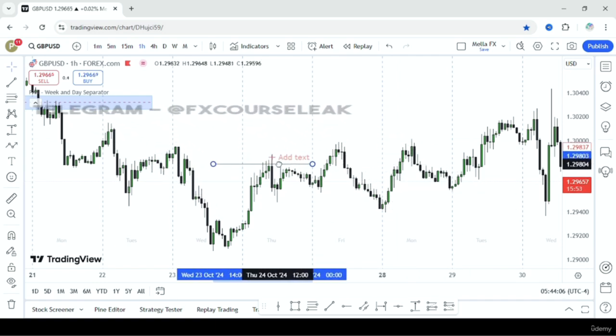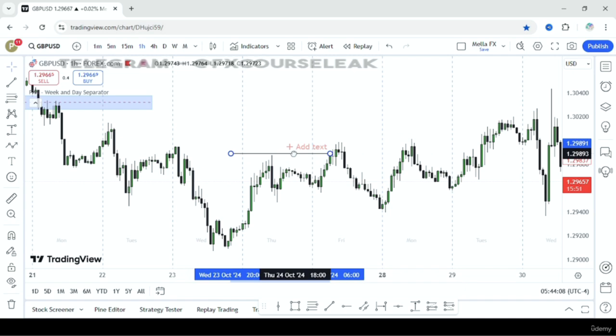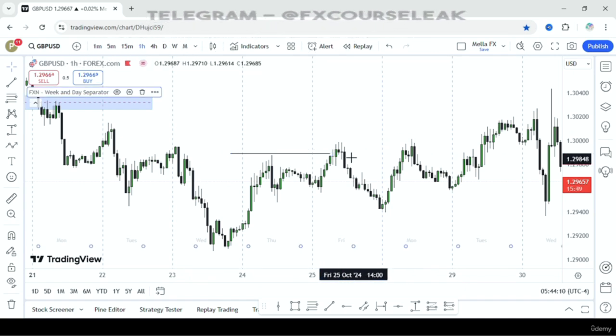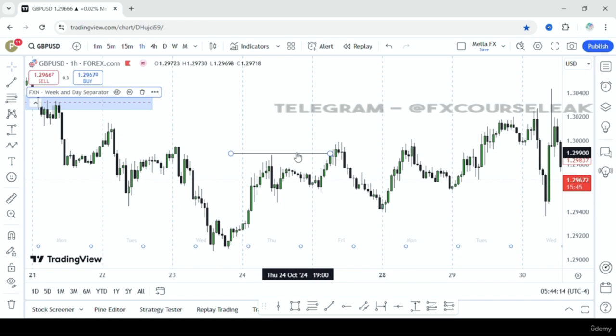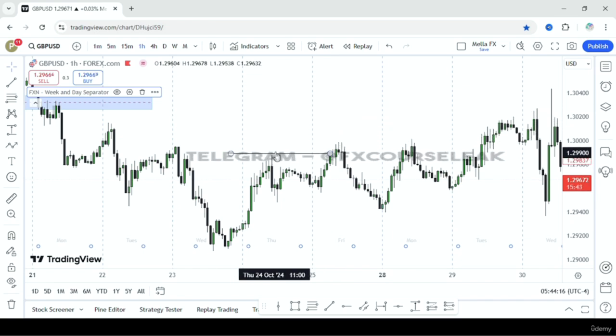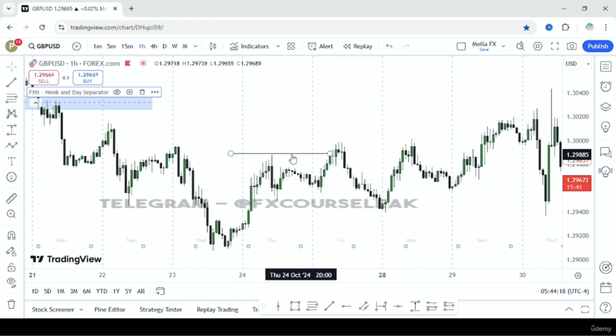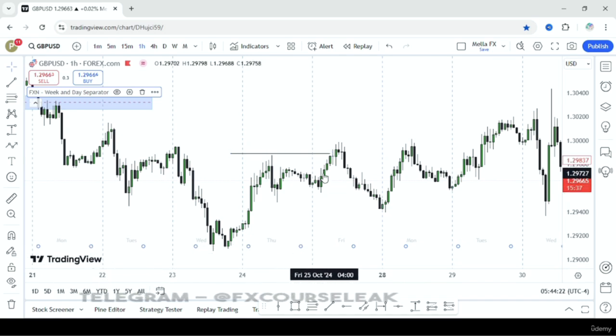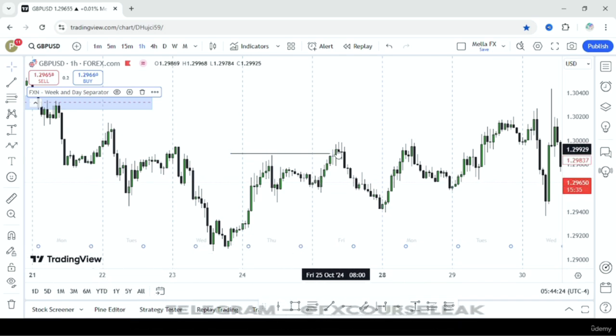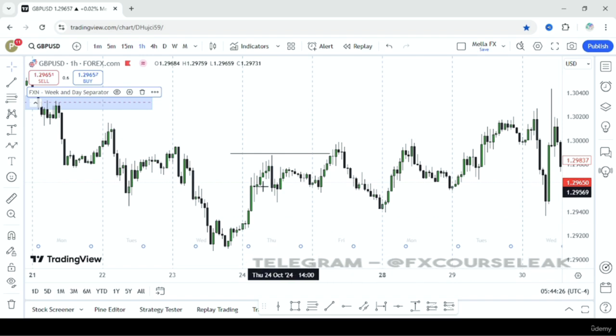Even this one was a daily high. We got a run above it, so these above here are buy stops. This buy-side liquidity is made of pending orders. We can see the market consolidated before running higher, then back down.